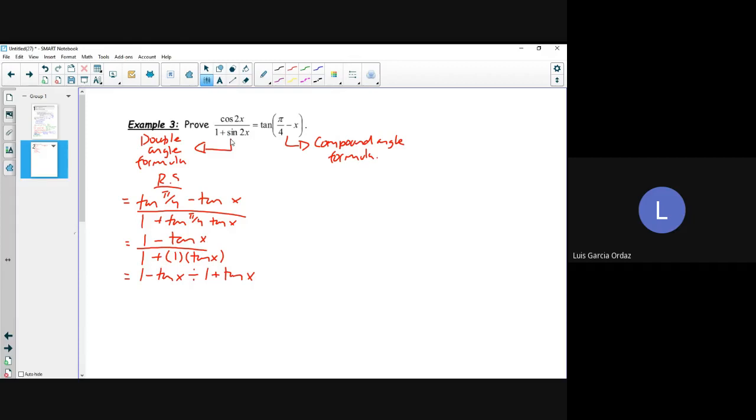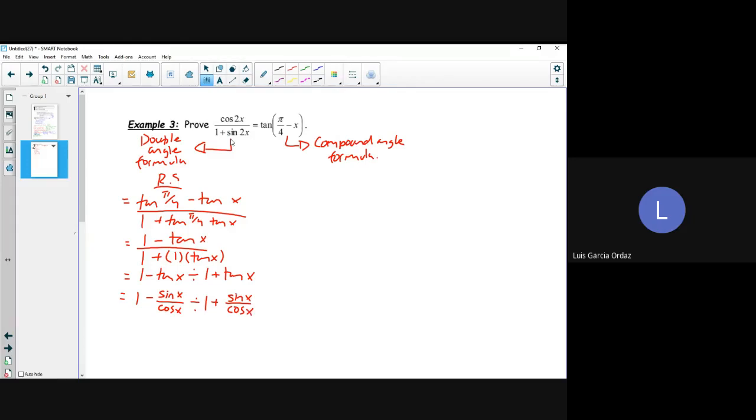No, we do not have secant squared x. So what is the identity for tan x? Sine over cos. So we get 1 minus sine x over cos of x divided by 1 plus sine of x over cos x.